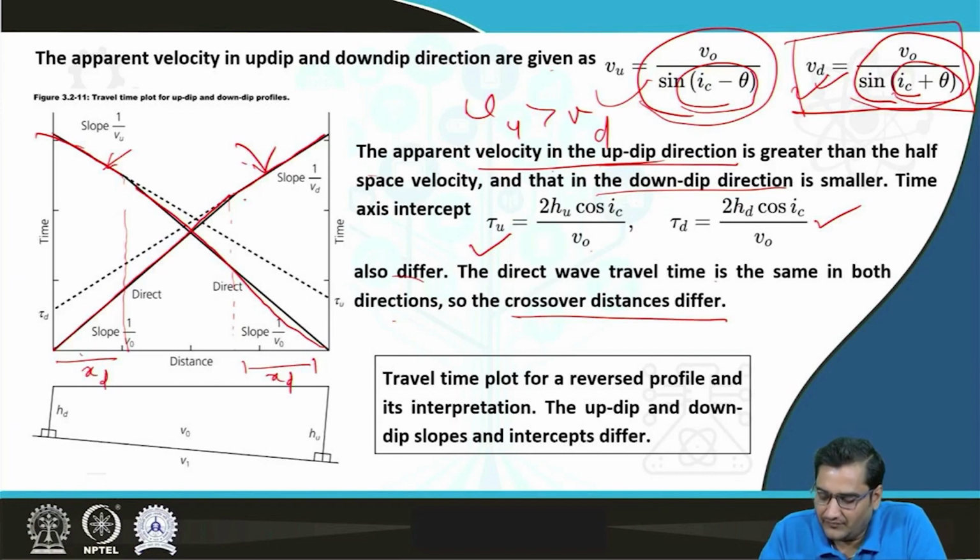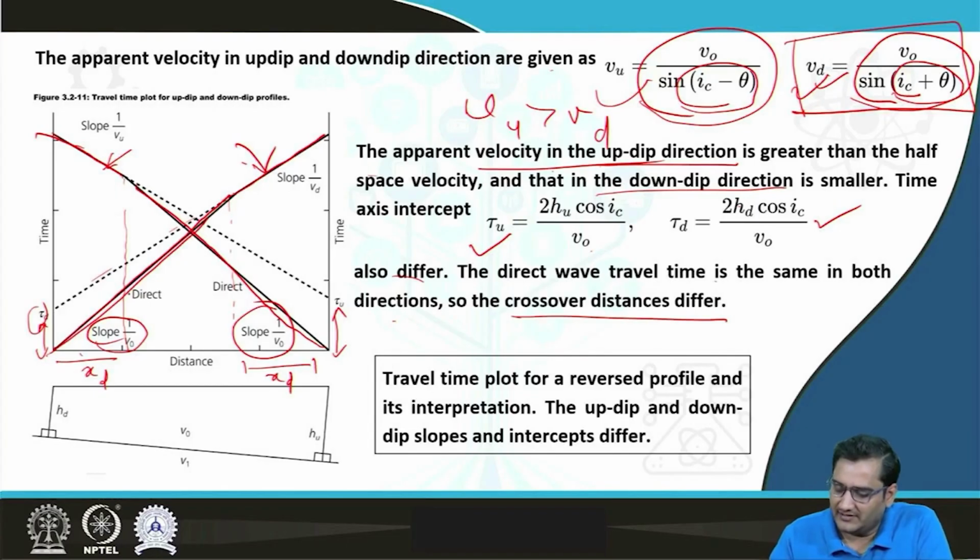Now the slope of the direct phase will give you the velocity of the top layer. So the slope in both the forward profiling and the reverse profiling will be similar. The slopes are the same. If you look at the intercept time of the head wave for the forward profiling, this is your intercept time here, and in this case this is your intercept time here. You can easily see both intercept times are different from each other, and one may be bigger than the other.